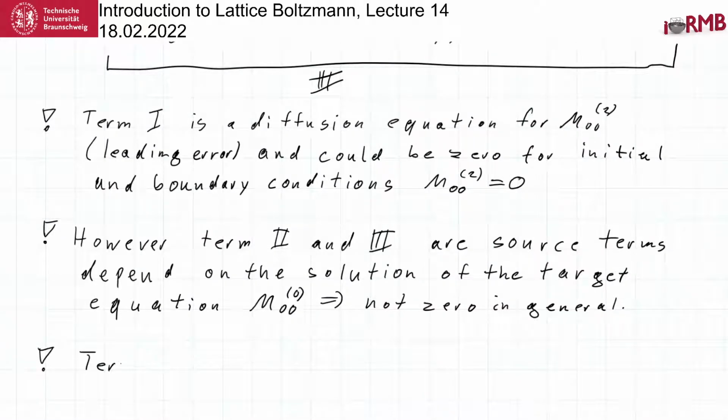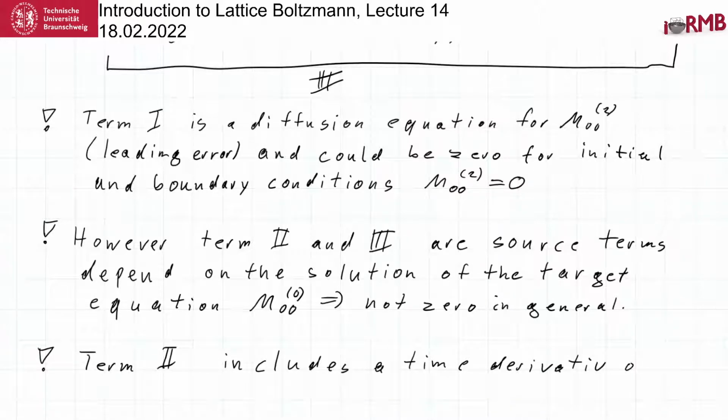So term 2 includes a time derivative of M00 to the order 0.